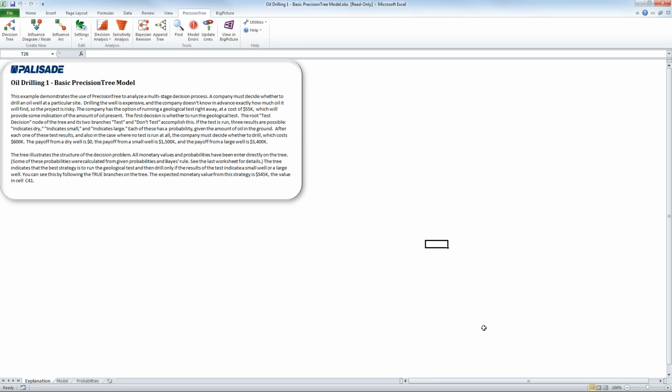So there are many benefits to that, but one of the key benefits is it gives you a place that you're comfortable in. Even though you're new to PrecisionTree, and you might open up a blank workbook and go, okay, what do I do now? The reality is you're in Excel. It's a comfortable environment. It lessens the learning curve.